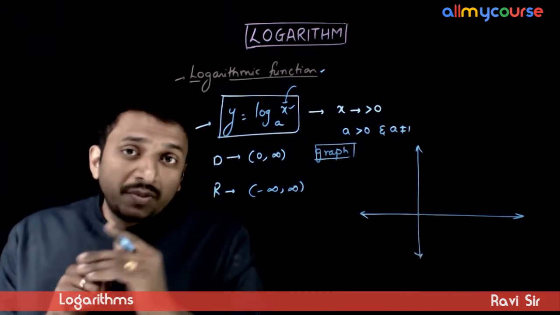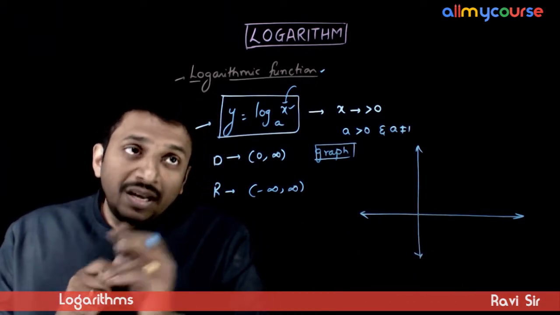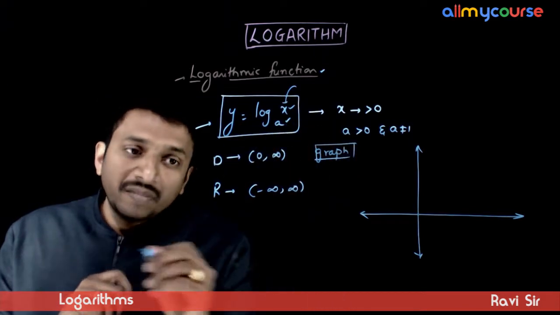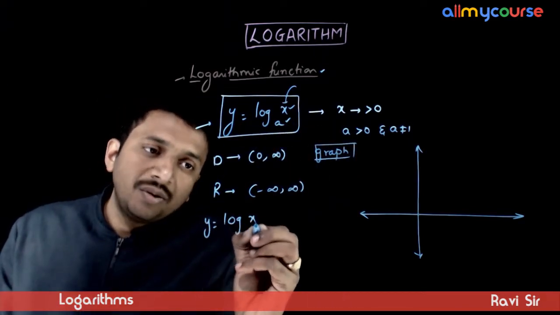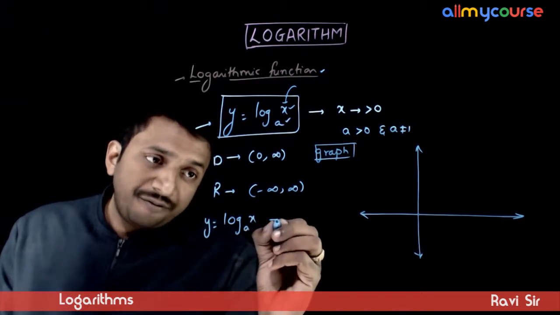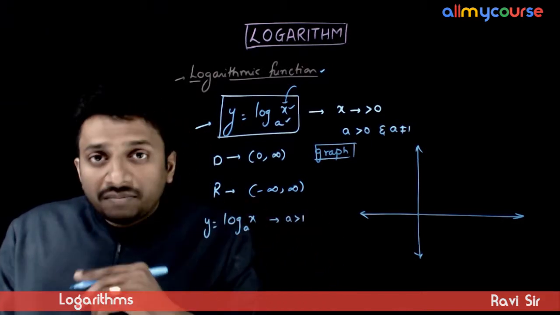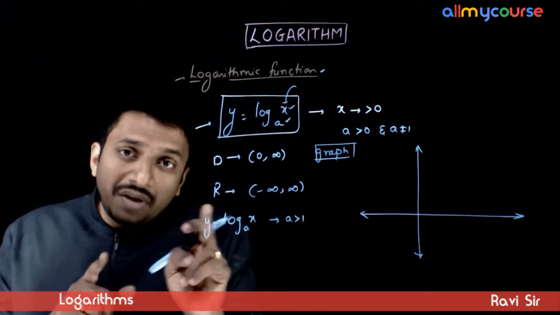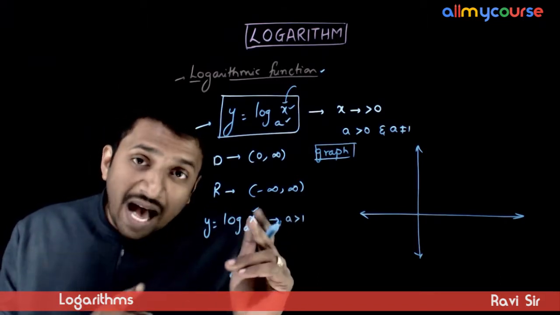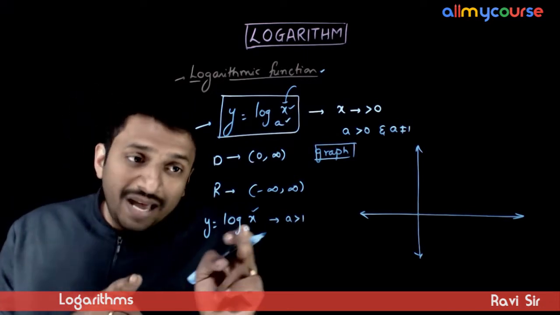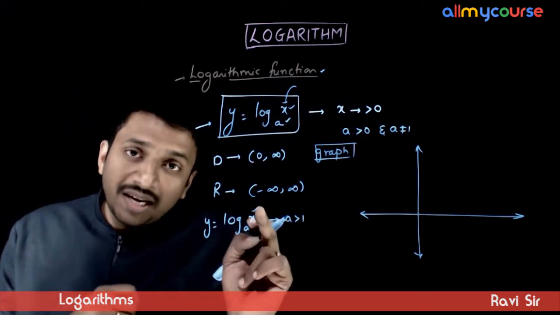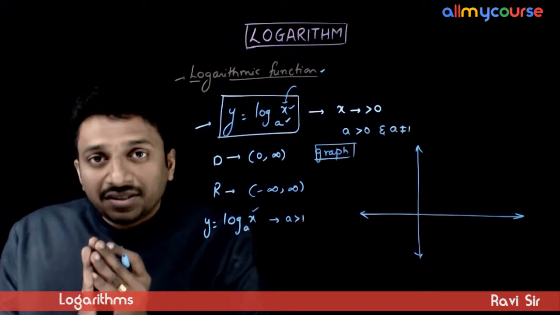There are two possible graphs for logarithmic function. Depends on base a. So y is equal to log x to the base a if a is greater than 1. If the base is greater than 1, we have seen that as this argument increases, the value of log increases. If the base is greater than 1, then with x, y also increases.